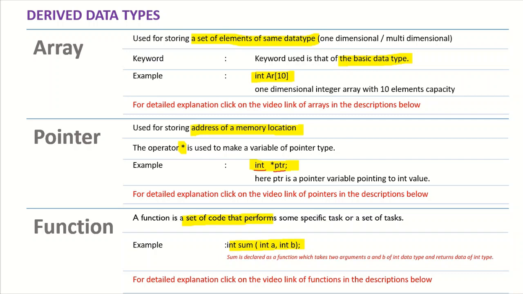Here the function name is sum, which takes two arguments a and b of integer data type, and it can return an integer data back to the function from which this function is called. For detailed explanation of arrays, pointers and functions, you can click on the corresponding video links that are given in the description box below.